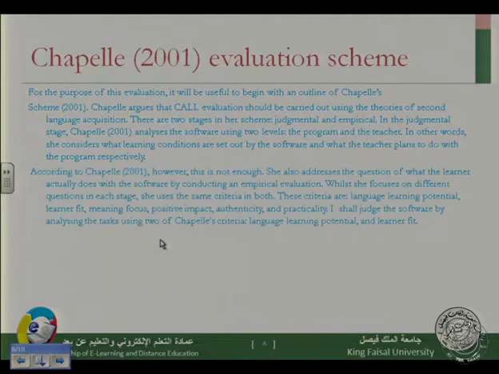According to Chapel, however, this is not enough. She also addresses the questions of what the learner actually does with the software by conducting an empirical evaluation. Well, that's very important, because our students usually do different things. You expect them to do something, but surprisingly, they do something else.